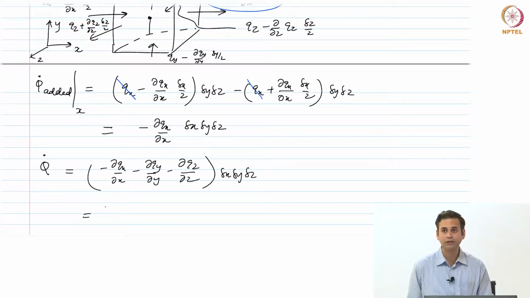This is nothing but we have the q bar vector, right, and then we have the nabla operator. How can I write this? This would be minus, is it a divergence or a gradient? It will be a divergence, right, minus del dot q bar times delta x delta y delta z, right. Okay. So, we can simply write like this, this is the total heat added.